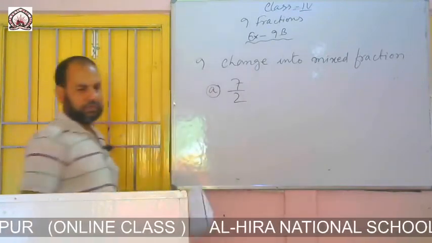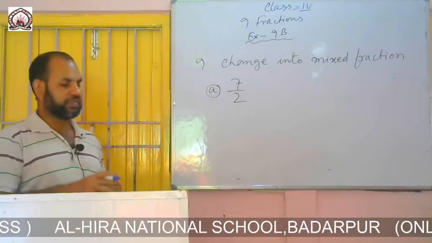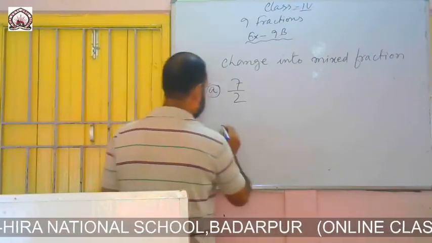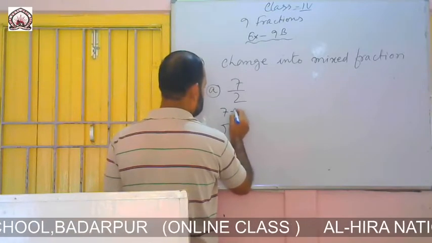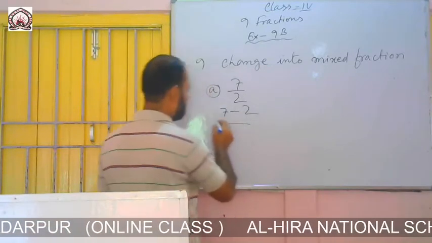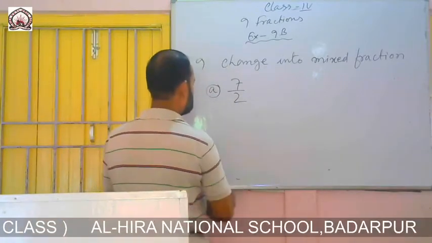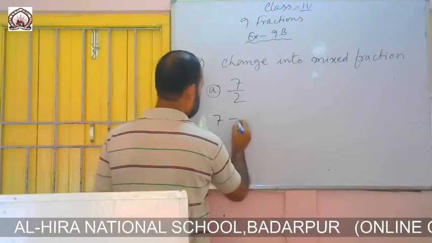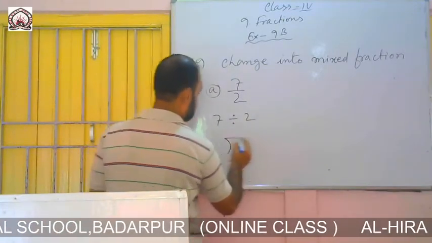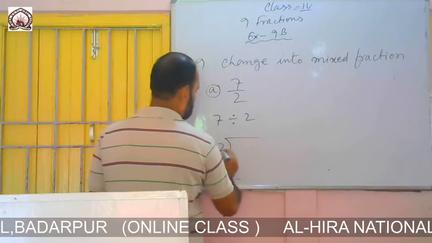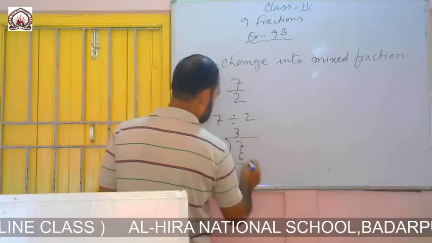If we change an improper fraction into a mixed fraction, first we divide. 7 divided by 2. Now 2 threes are 6.